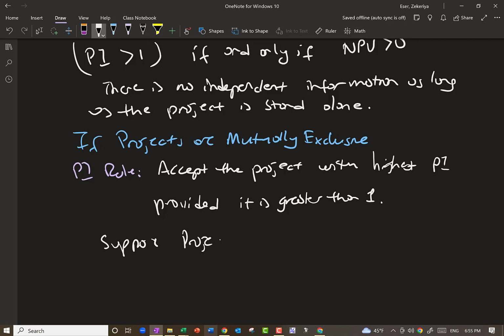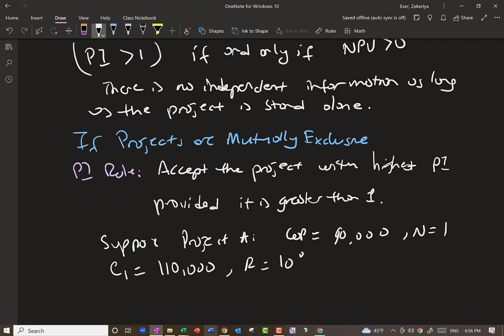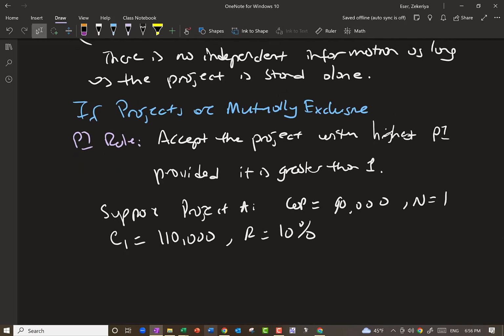Suppose project A, cost of project is $100,000. There is only one cash flow, and cash flow one is $110,000. Or let's do it $90,000, and R is 10%. So let's calculate NPV and PI for this one.